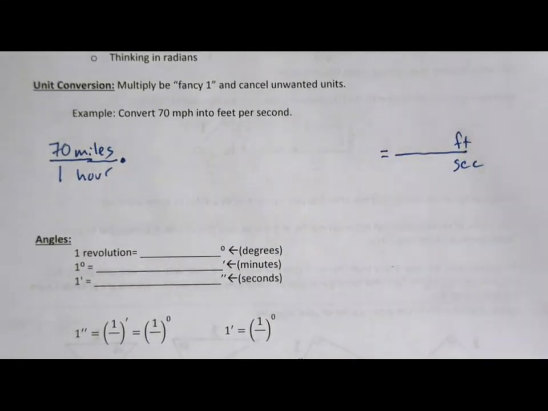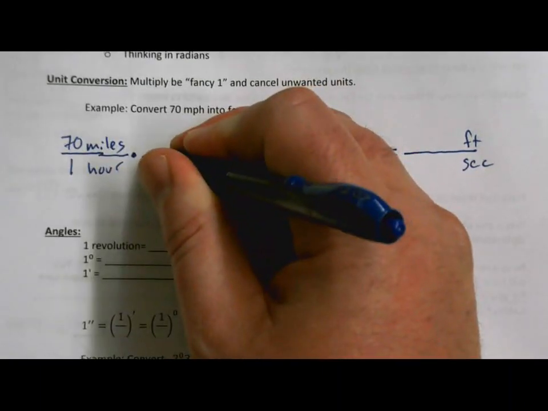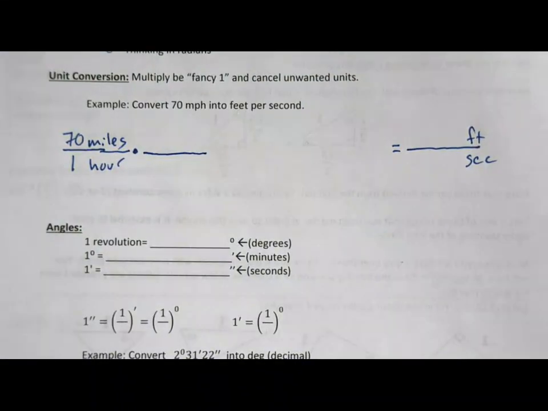So I left a lot of space in there because I'm going to need a lot of fancy ones to make this work. 70 miles per hour into feet per second. You guys, we've seen fancy ones before. A fancy one is just a fraction. It has the exact same thing on the top and the bottom. But these fancy ones are going to look a little bit different because they're going to have different numbers on the top and bottom, and they'll have different units on the top and bottom. But they should be the same thing.